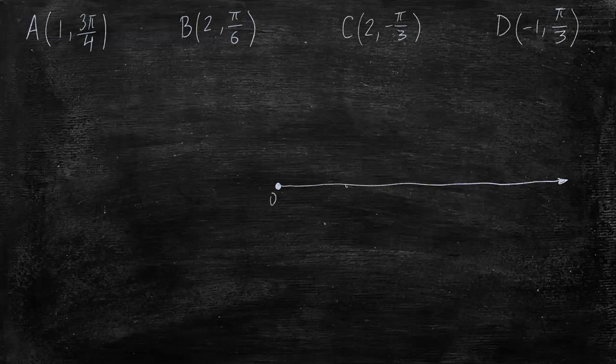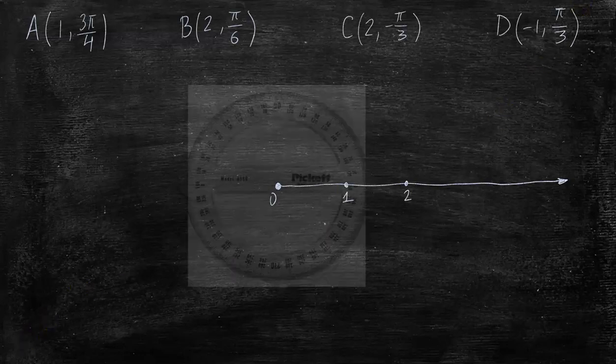We're going to introduce the scale, and we need to find a way to measure the angle. I'm going to superimpose the picture of this protractor to make it easier for us to measure the angle.